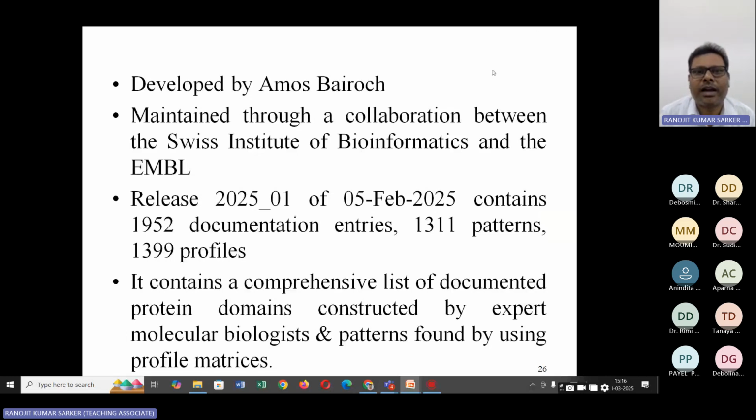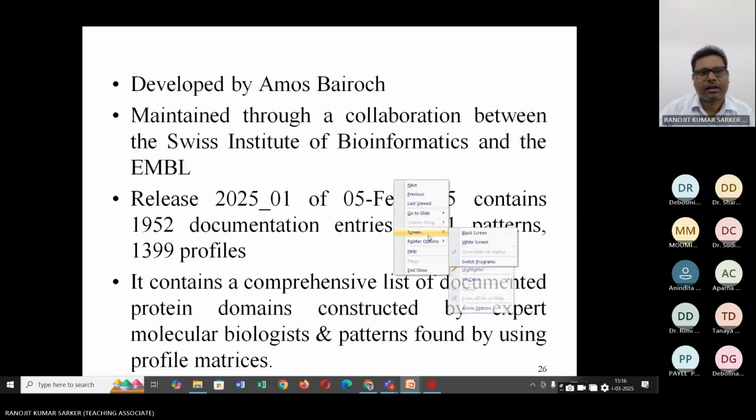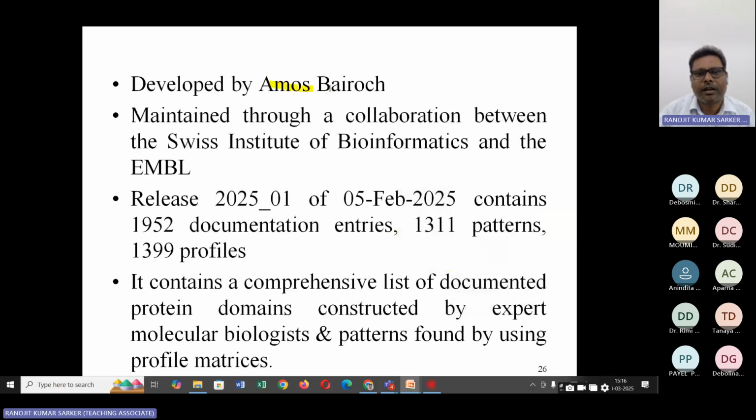It was developed by Amos Bairoch. The current release of PROSITE is as of January 2025; the last release is 2025-01, on the 5th of February.